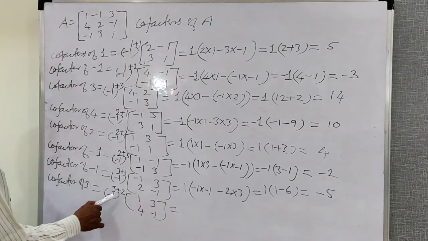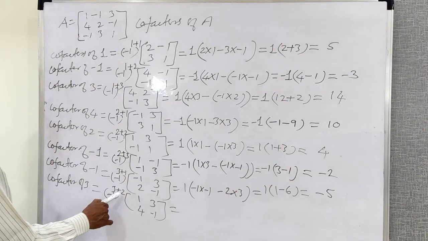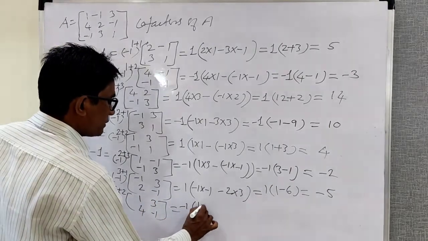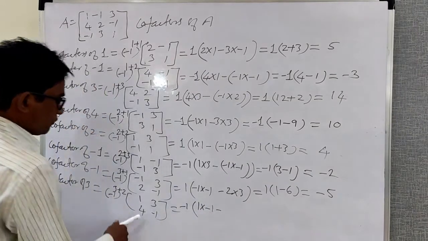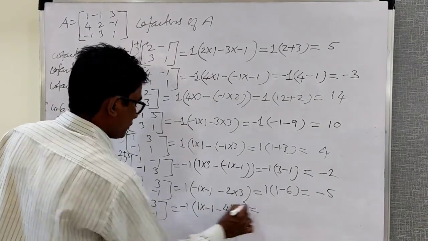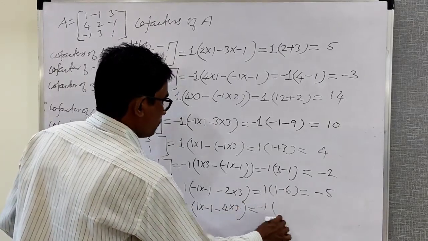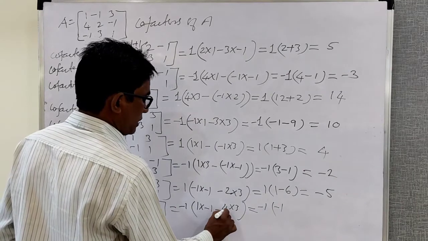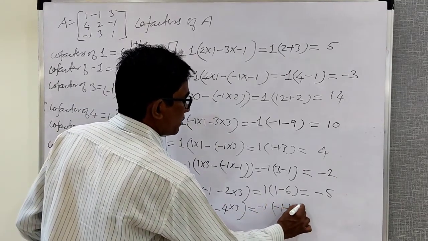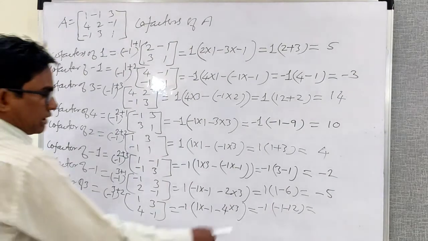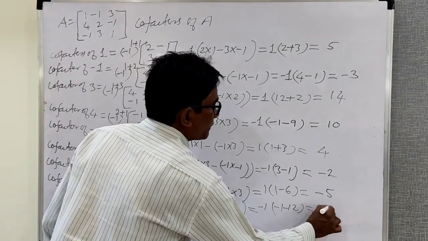Three plus 2 is 5. 5 power means odd number, therefore it is minus 1. Minus 1 into 1 into minus 1 minus 4 into 3 is equal to minus 1 into minus 1 minus 1, minus 4 3 is a 12, minus 12. So minus 1 minus 12 is minus 13, minus 13 into minus 1 is plus 13.